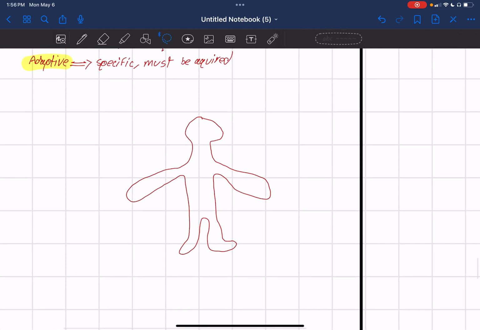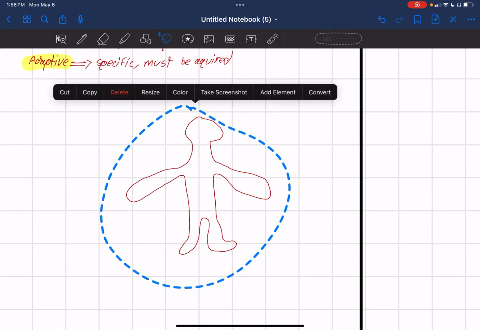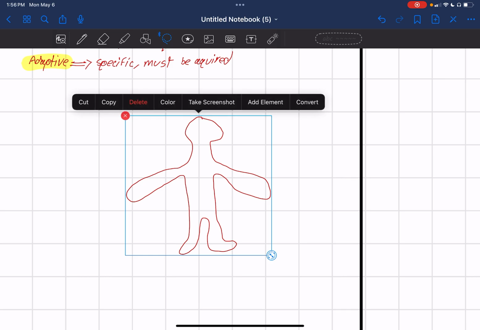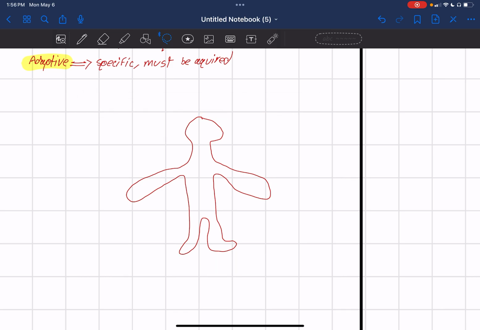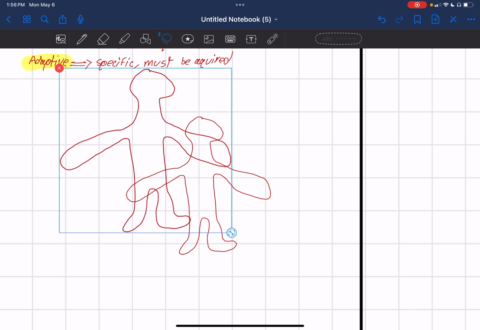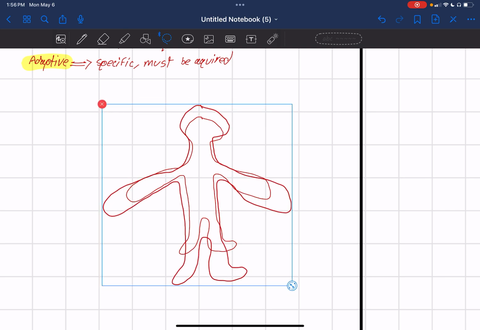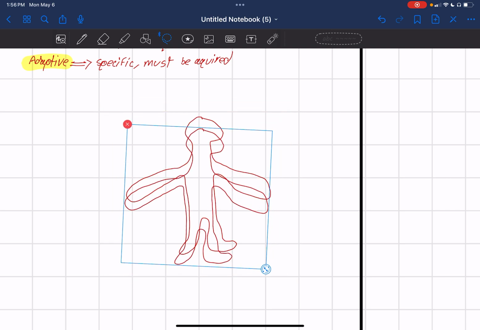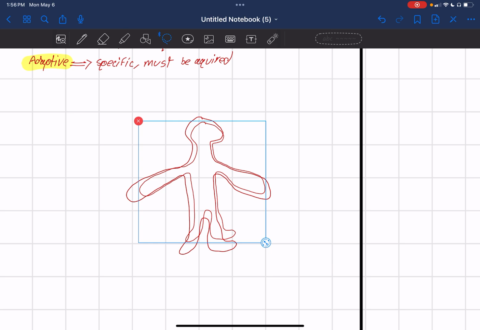I'm going to make a copy of this again, copy, and then paste like this. That's actually pretty ugly.